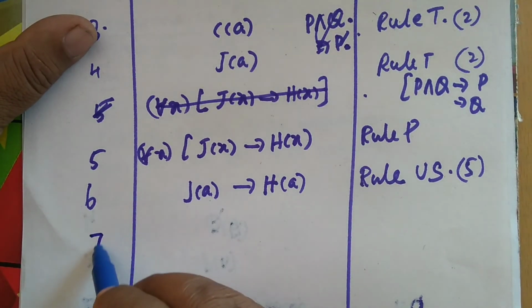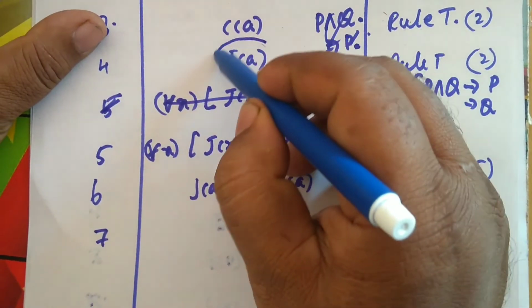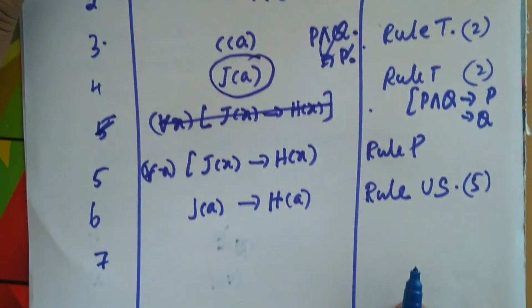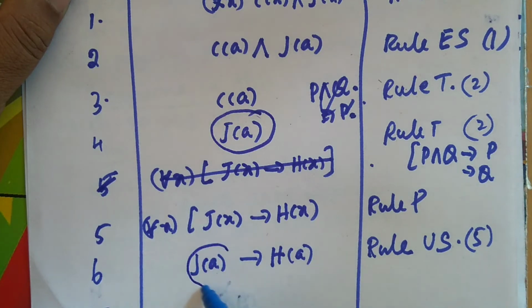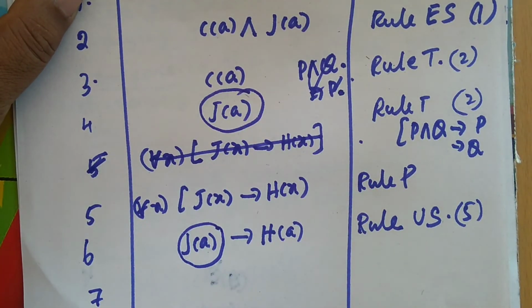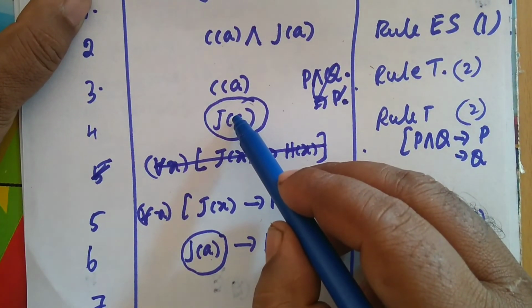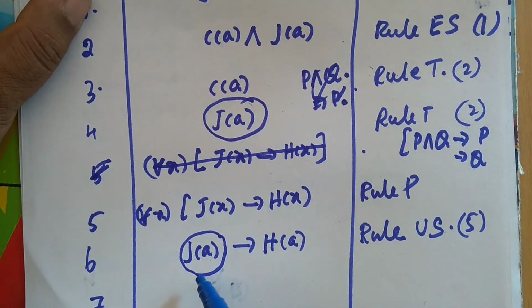Now the seventh one is, you take here j of a, here also j of a, these two are equal, that is, this is j of a, this is j of a.